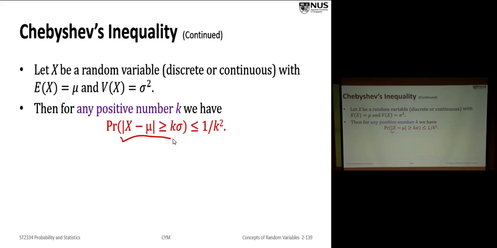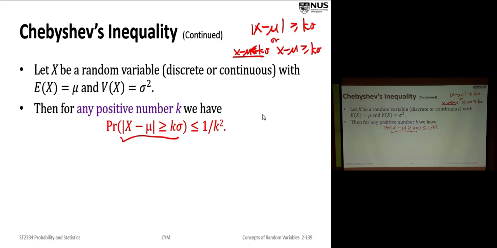First of all, what does this mean? You have to understand that the absolute value of x minus mu greater than or equal to k sigma means x minus mu greater than k sigma, or x minus mu less than minus k sigma.